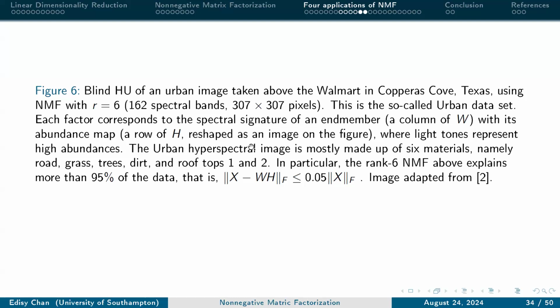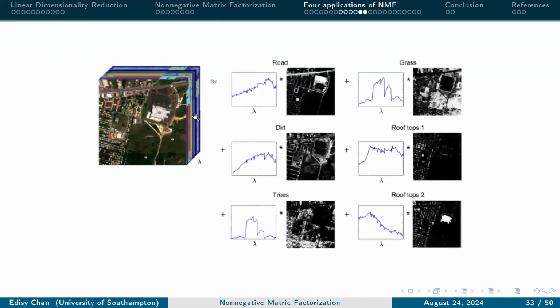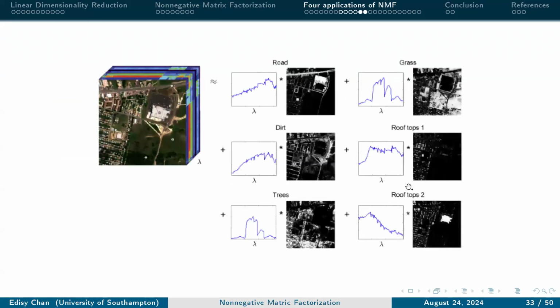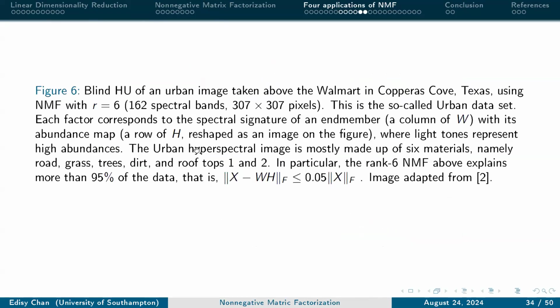We have 162 spectral bands, and the pixel dimension is 307 times 307. This kind of dataset we call the Urban dataset. Each factor corresponds to the spectral signature of an endmember, so there are 6 of them. We also have the abundance map, which is a row of H, and we can reshape it as an image in the figure.